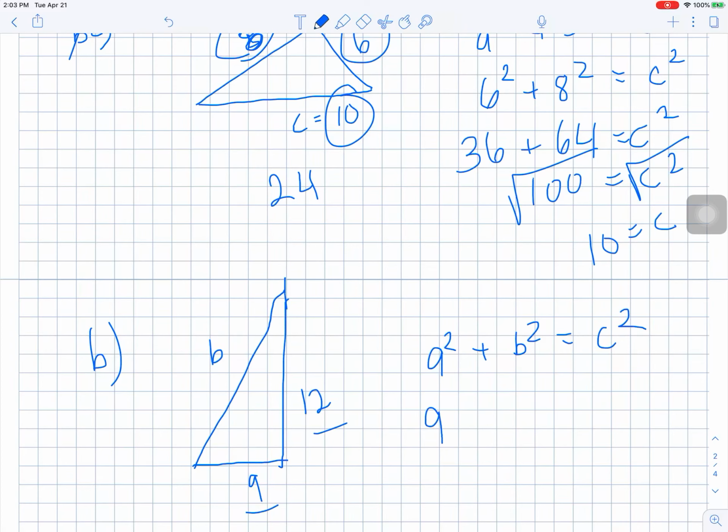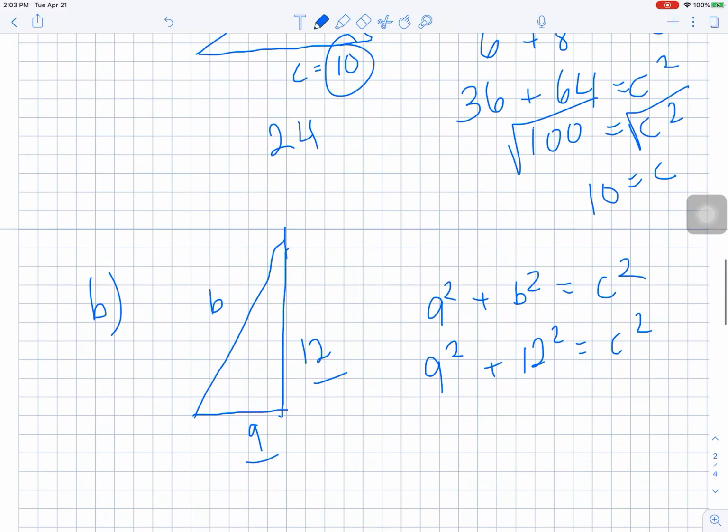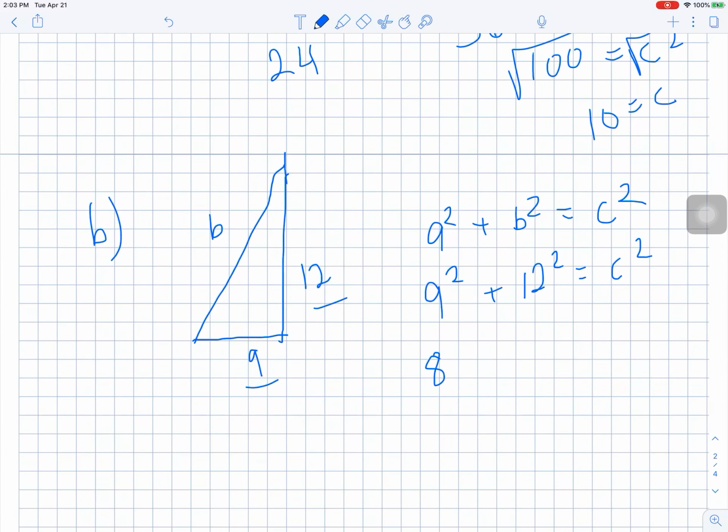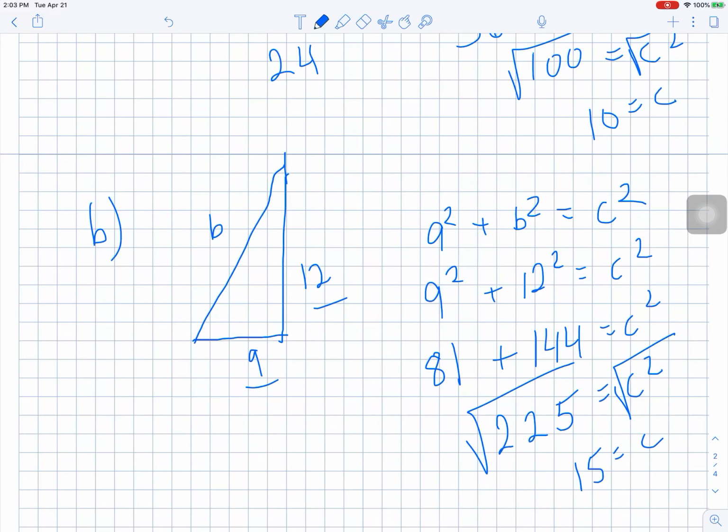So these are your A and B terms. So we have 9 squared plus 12 squared equals C squared. So 9 squared is 81 plus 144 equals C squared. 81 plus 144 on our trusty calculator is 225. 225 equals C squared, but then we have to square root these. And I happen to know my square roots, so we know that 15 is going to be that side there.